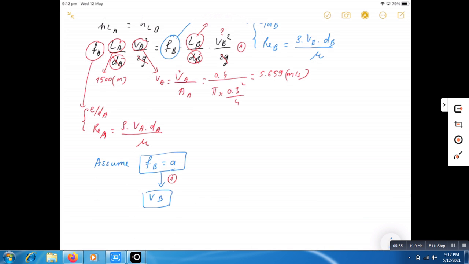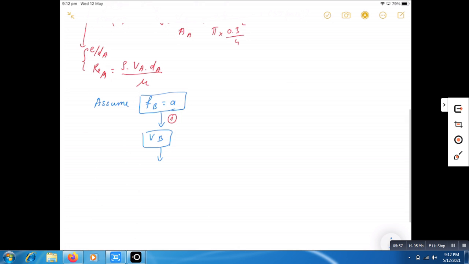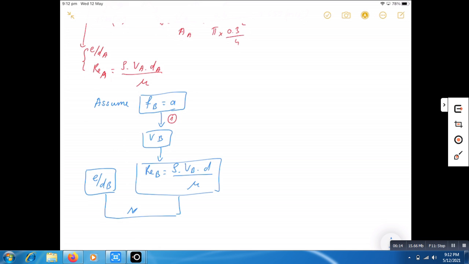When you have VB, you know Reynolds number B equals rho VB D over mu, so you can find Reynolds number B. When you know Reynolds number B and E over dB, based on the Moody diagram, you can find fB.